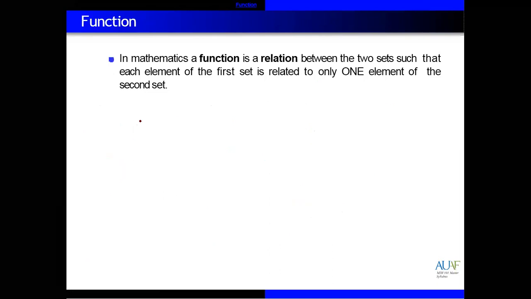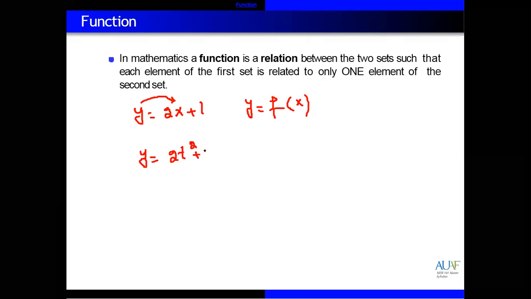For example, we have the equation y equals 2x plus 1. y depends upon x. y is the dependent variable, x is the independent variable. So we can say that y equals f of x. It's a function f of x. Or we have the next equation, y equals 2t squared plus 1. This means that y depends upon t.